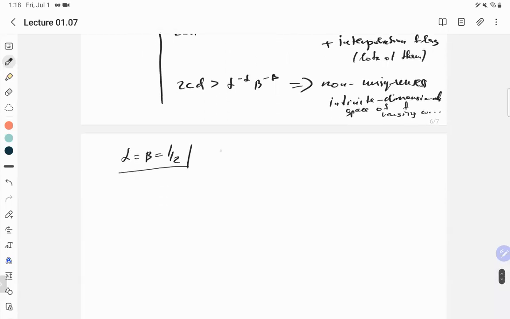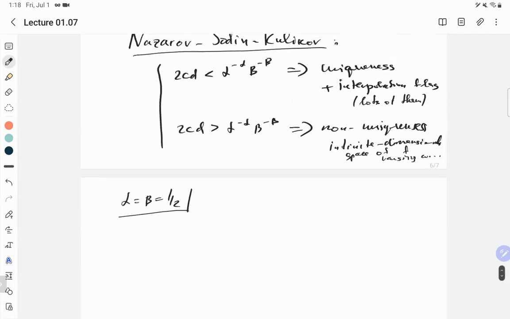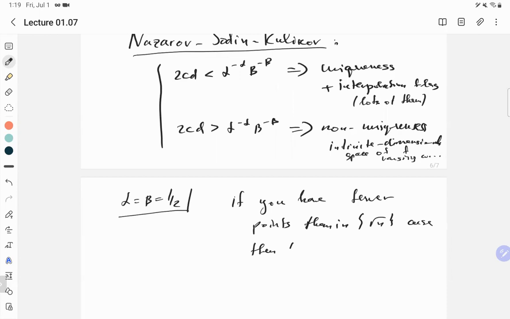So let's now. What the result is saying is, if you have fewer points, so asymptotically fewer points than in the square root n case, then there are plenty of functions which vanish on these sequences, vanishing on both sides.